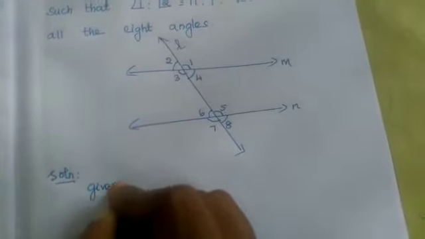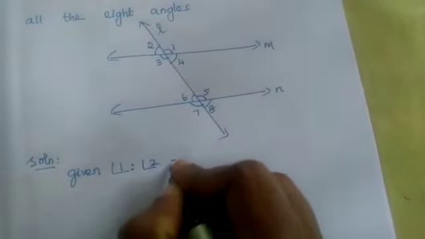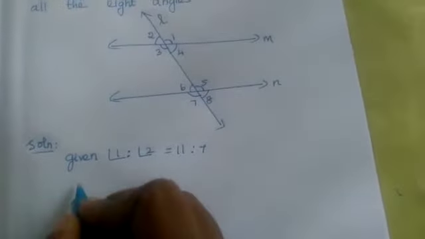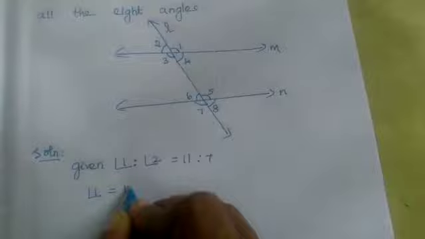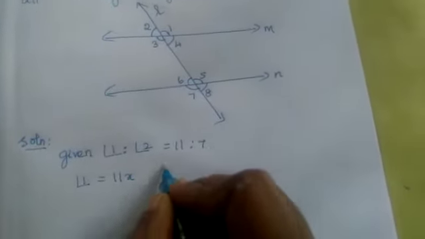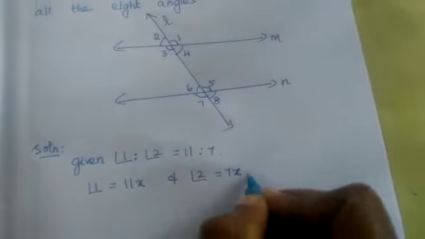Now what is given? Only one condition is given: angle 1 is to angle 2 equal to 11 is to 7. Now we can take angle 1 equal to 11x, where x is a common factor, and angle 2 equal to 7x.